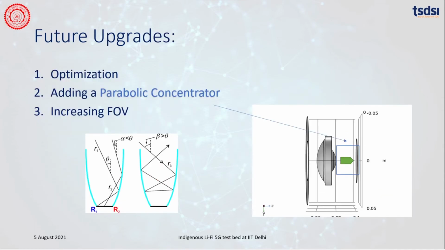Future upgrades to our optical design part include optimization and increasing its FOV and adding a parabolic concentrator so that the area we're talking about could be reduced to a single point, and also increasing the whole FOV of the system.